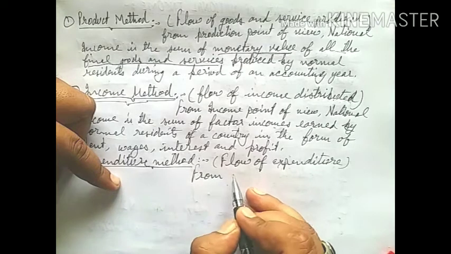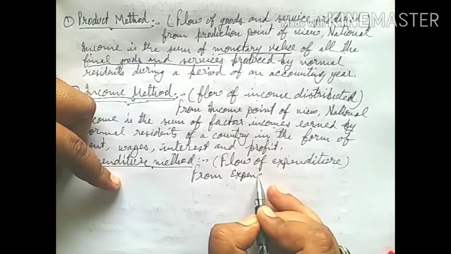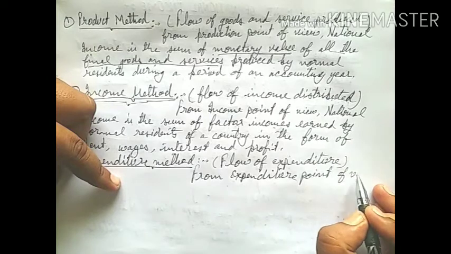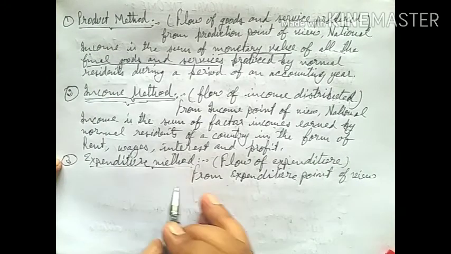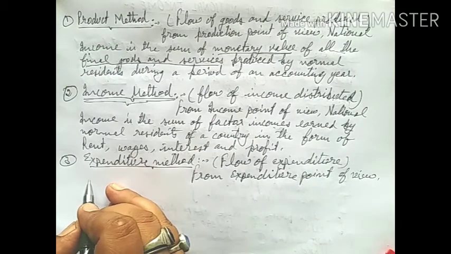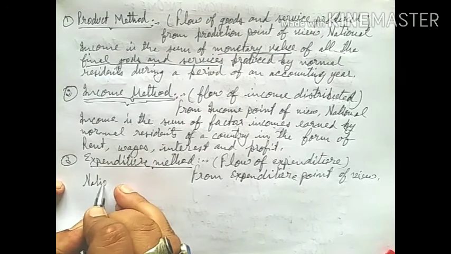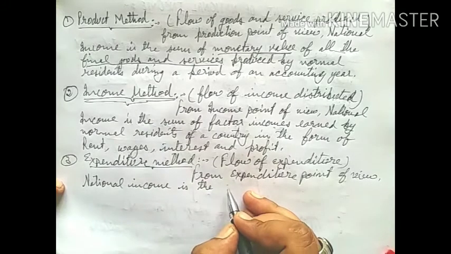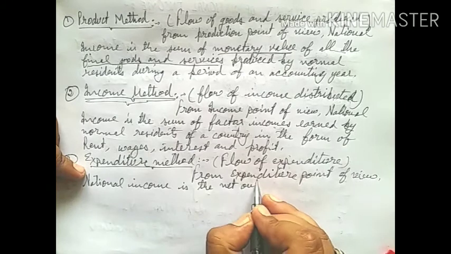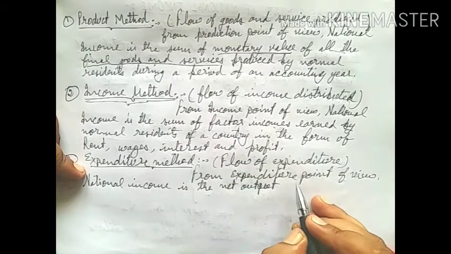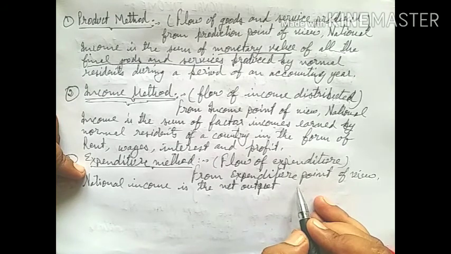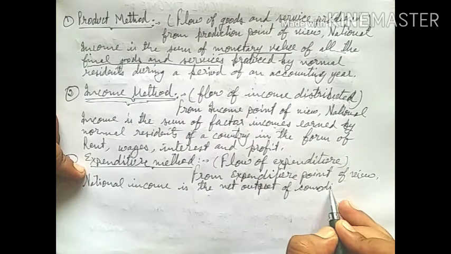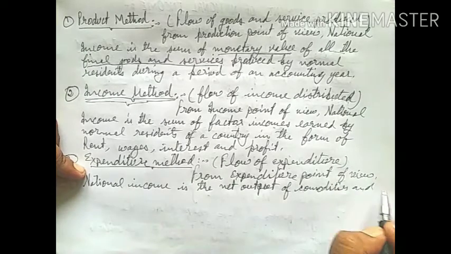From expenditure point of view, national income is the net output of commodities and services.